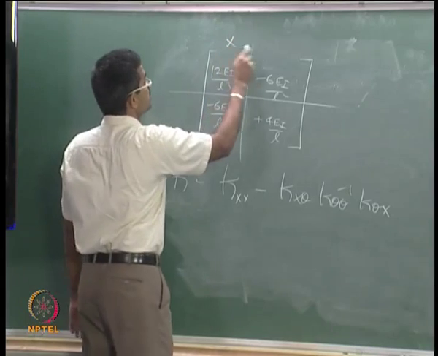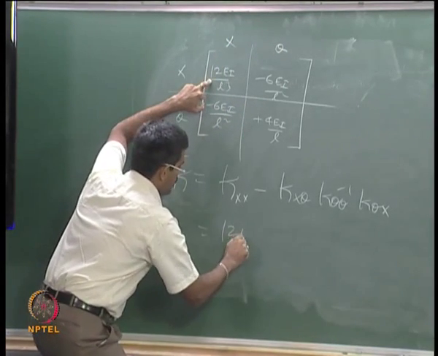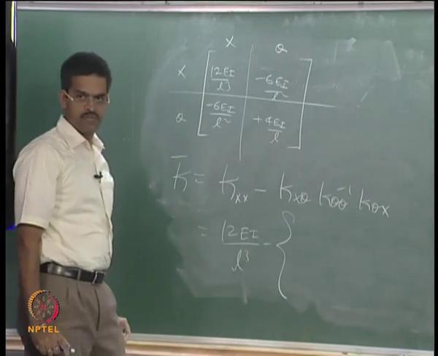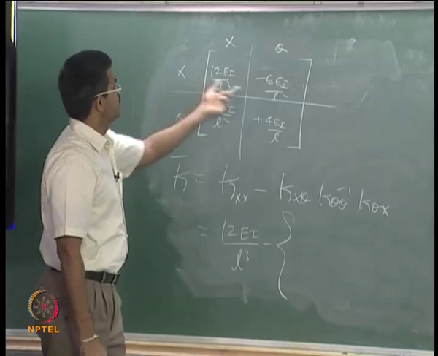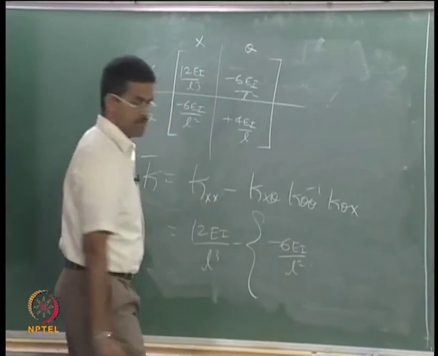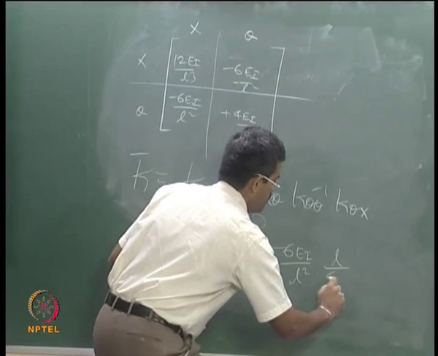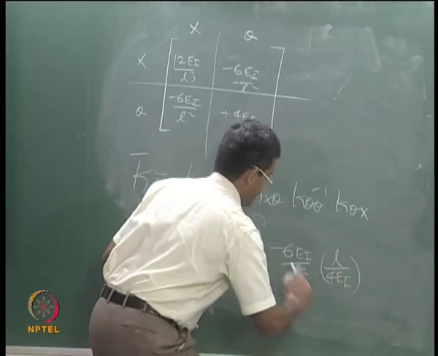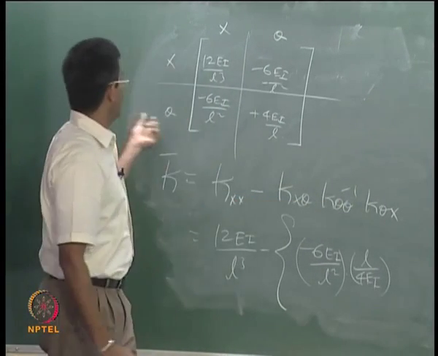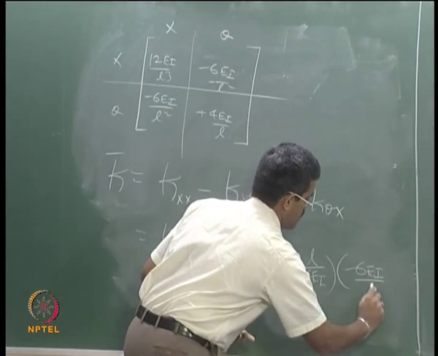This is my x, my theta. So, 12EI/L³ minus minus 6EI/L², k theta theta inverse L by 4EI, and k theta x minus 6EI/L².